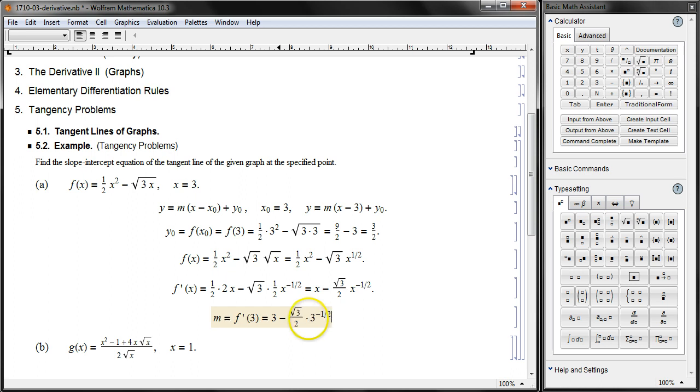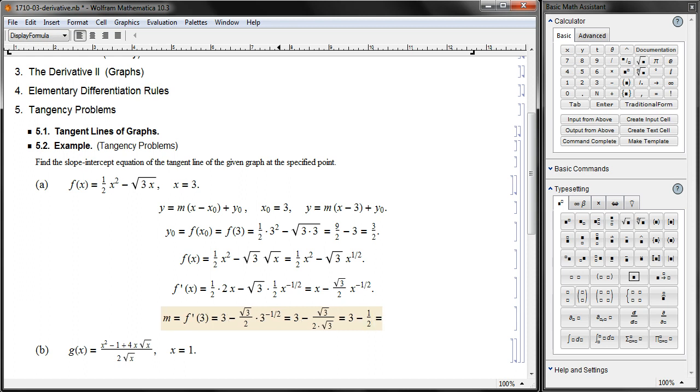And you can punch it into the calculator as a matter of fact, but I don't have a calculator with me, so I'll have to do it the hard way. And then this one is a negative power, so you have to go down, and then 1/2 power, so this is square root of 3. And do you see the cancellation? Those square root of 3's cancel out. I have 3 minus 1/2, which is 7/2.